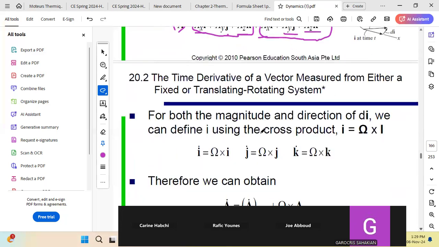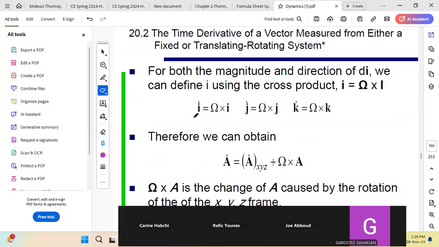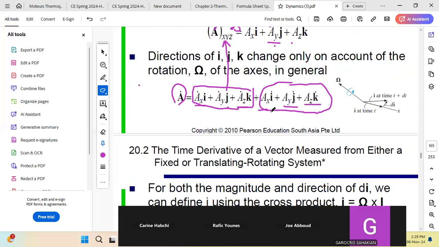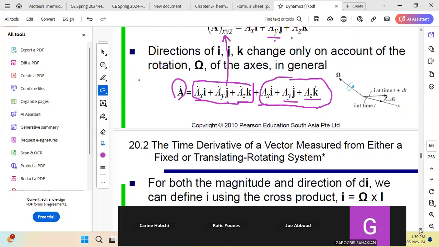We know that di/dt is omega vectorial i, dj/dt is omega vectorial j, mathematically, and dk/dt is omega vectorial k. And that's why we can replace this summation, a_x di/dt plus a_y dj/dt plus a_z dk/dt, by omega vectorial A.